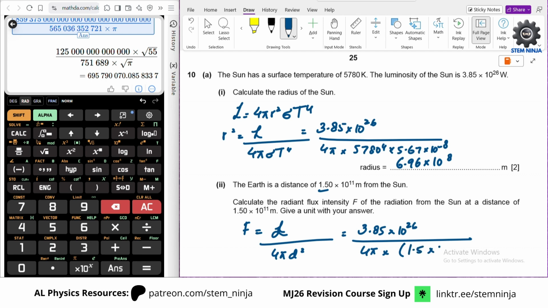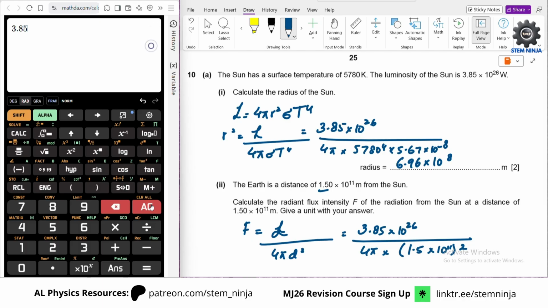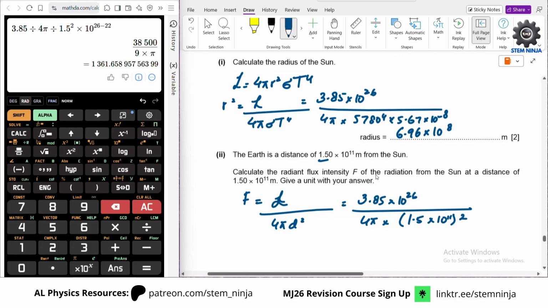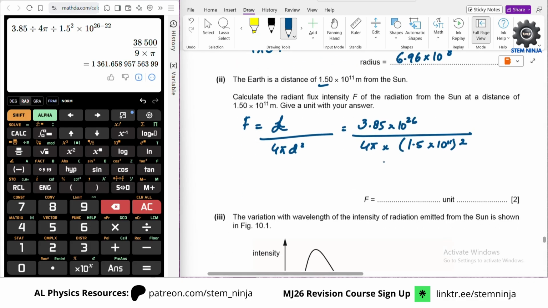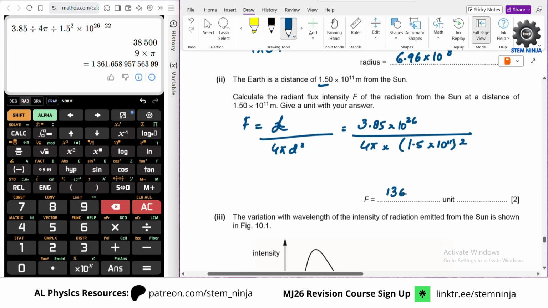Distance is 1.5 times 10 raised to power 11 squared. So 3.85 divided by 4 pi divided by 1.5 squared times 10 raised to power 26 minus 22 is 1360. Unit would be watt per meter squared.